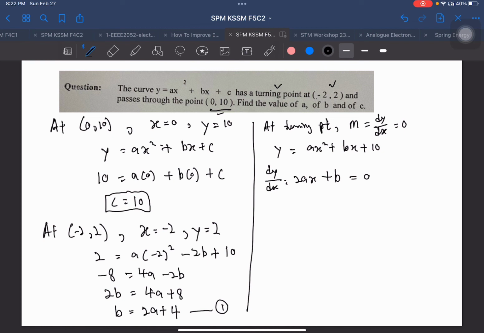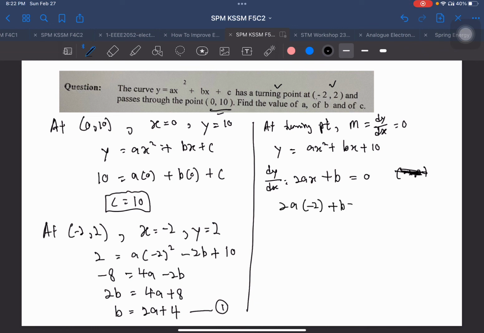The point is negative 2, 2. It is not given, but you know that at a turning point, m is 0. So just plug in x equals negative 2. Oh, my mistake, sorry.